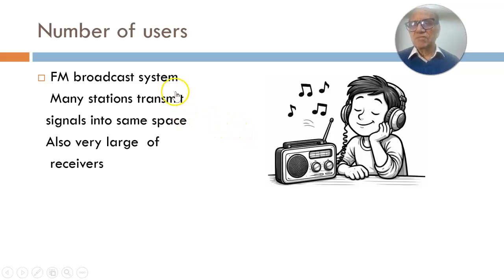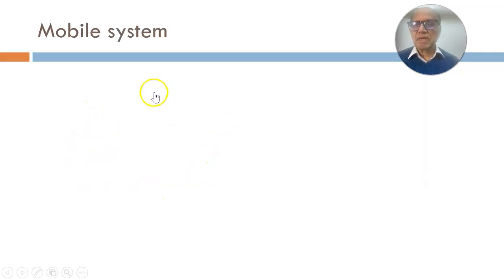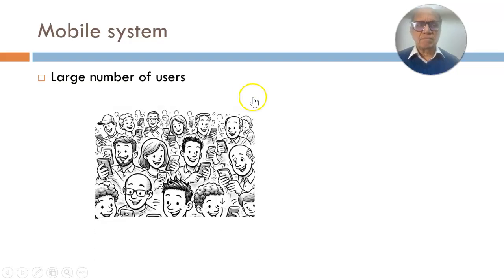Anyway, this is one example of number of users where a large number of users are present. Let us now consider one more example where you have a large number of users, and this is well known. I have already said that this is one-way communication. Let us now look at the mobile system, and all of us know that the mobile system certainly has a very large number of users.